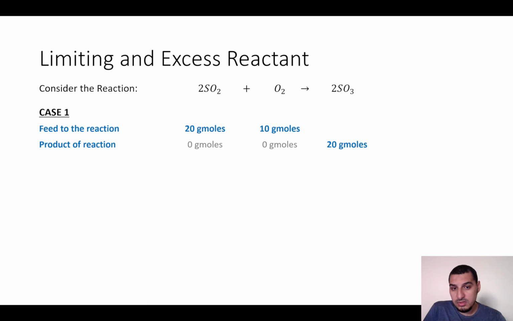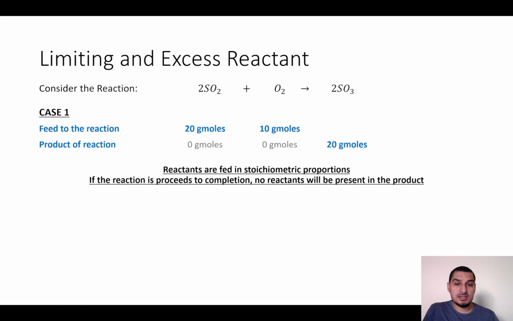So it started with 30 gram moles and it ended up with 20 gram moles. So this is one case, and in this case, as we said, they are fed in stoichiometric proportions, and no reactants will be present if the reaction proceeds to completion. So this is the first case.